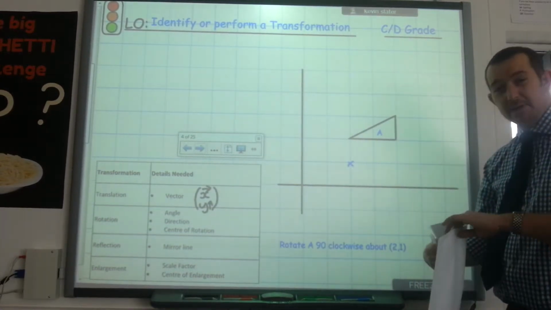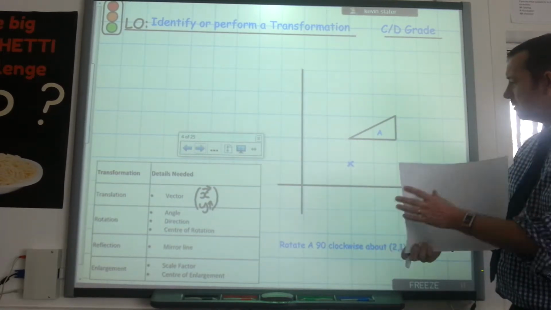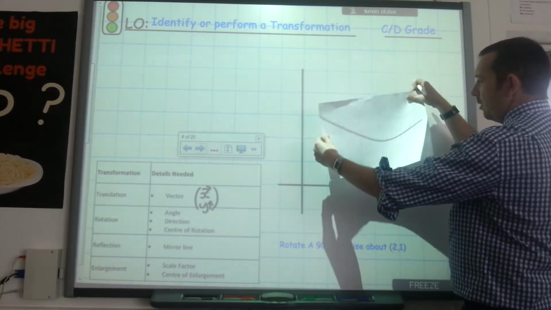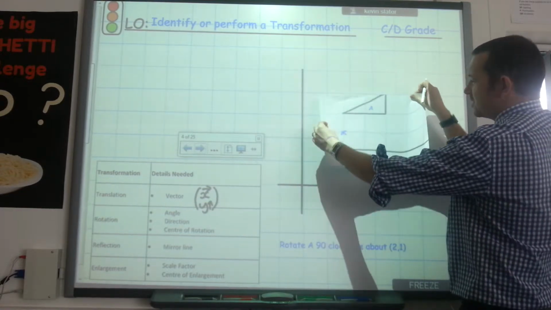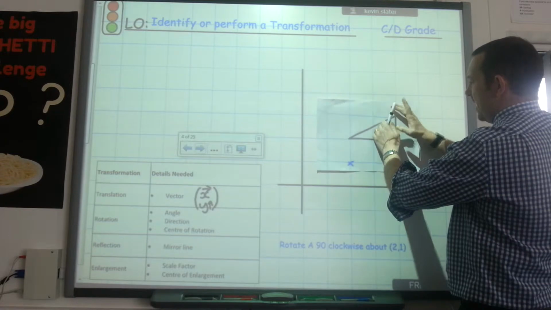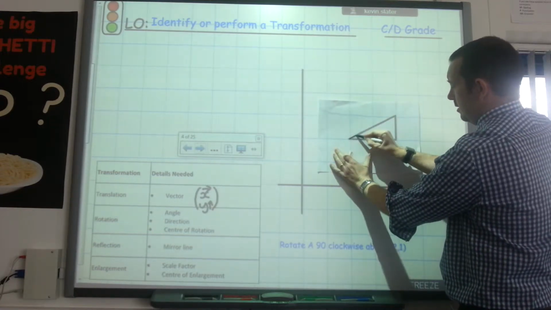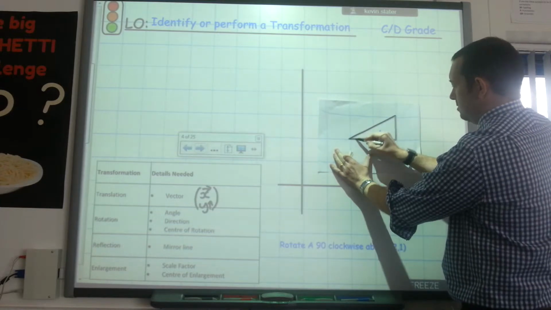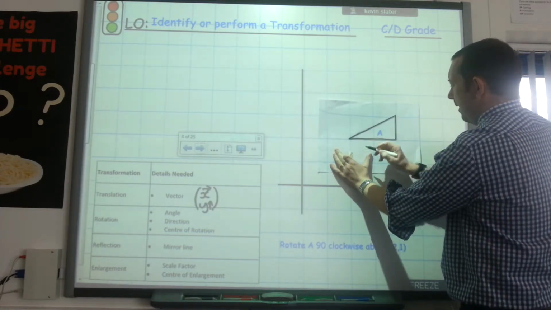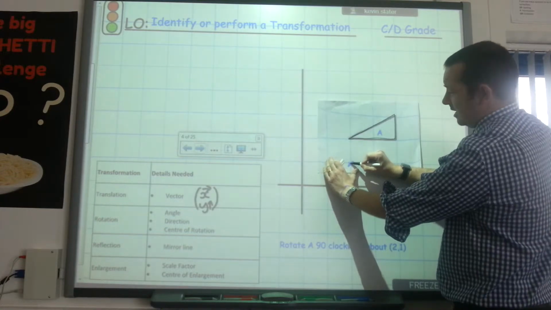So then what I would do is take a piece of tracing paper. So here's my tracing paper. I would put the tracing paper on, not at an angle, but square onto the page, like that. And now I'm going to carefully draw around my shape, like so. And then I'm going to put my pen in and stick it in at the point where the centre of rotation is.